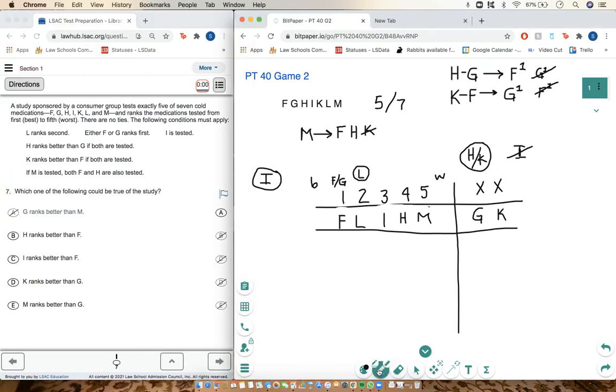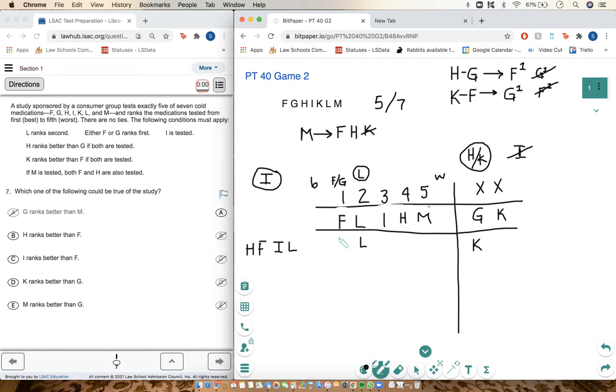H ranks better than F. Let's see. If H ranks better than F, we have H in, we have F in, we have I in, and we have L in. And we know that K has to be out, because if we have H in, then K is going to be out. L is going to be second.